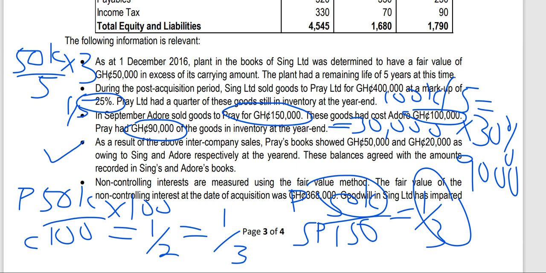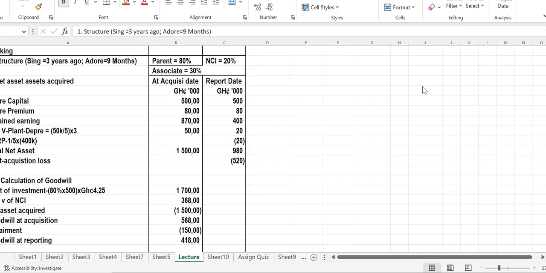So now this is going through the footnote and thinking through what should be done. Let's see how all these play out. As we discussed, this is the structure. We are consolidating Sync for 3 years, Adore for 9 months. That's something you have to pay attention to.